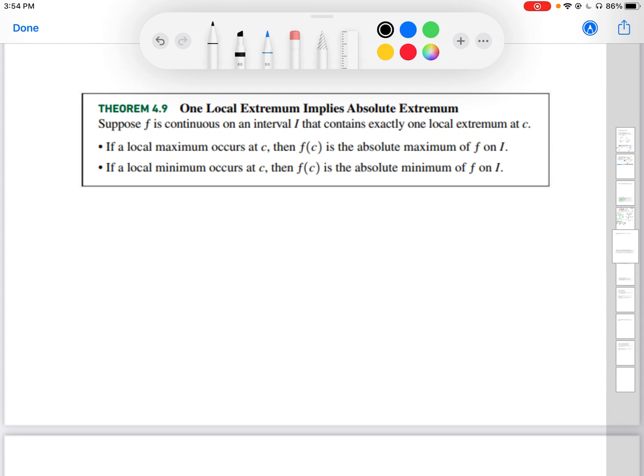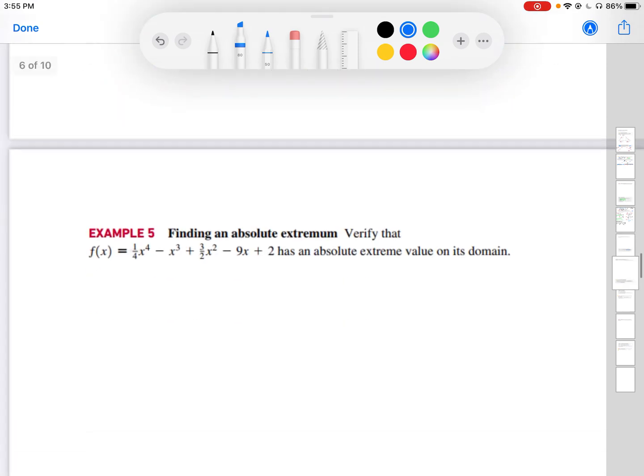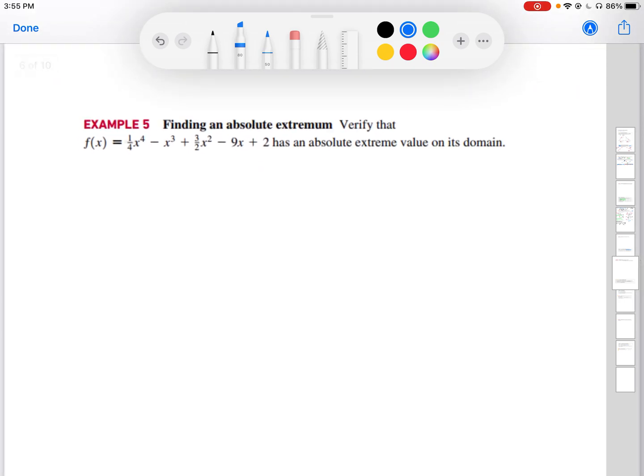If f is continuous on an interval I that contains exactly one extremum c, and f is a local maximum at c, then f(c) is an absolute maximum of f on I. If a local minimum occurs, then f(c) is an absolute minimum of f on I. So it would make sense that if there's exactly one extremum, then it's an absolute type of minimum or maximum. I'll let you try example 5.